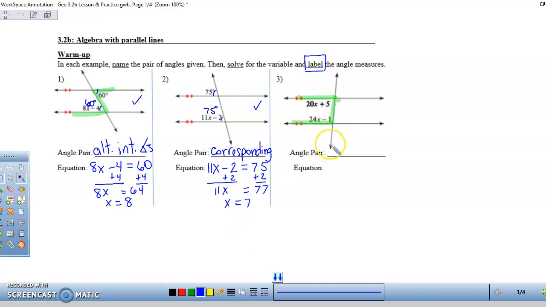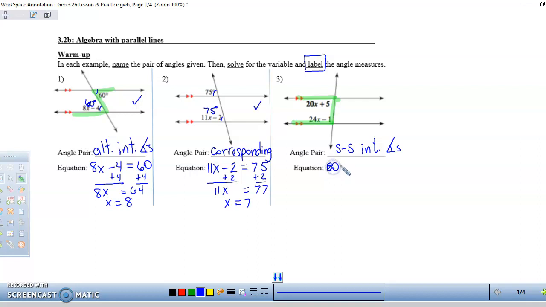What we know about same side interior angles, and we're going to abbreviate this as well, is that they are supplementary. What that means is these are going to add up to 180.